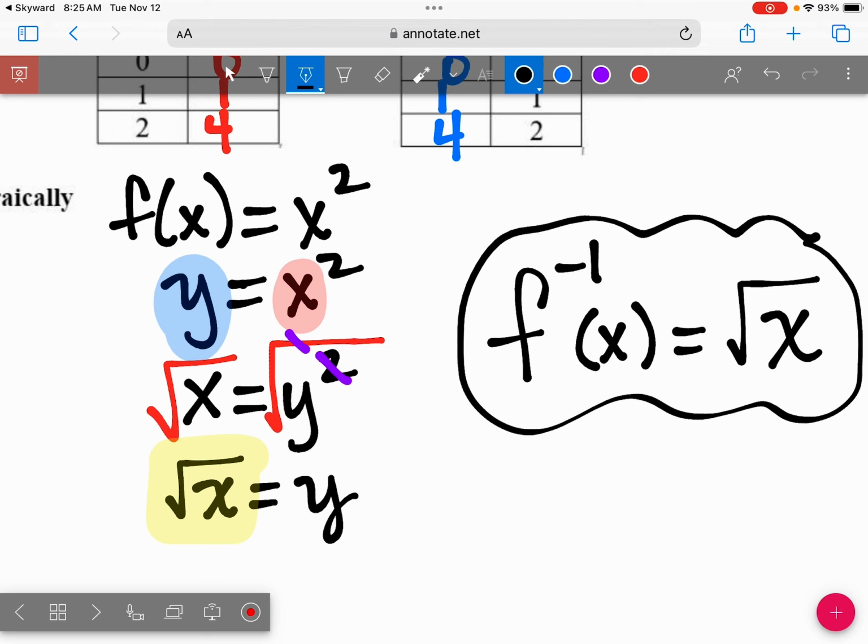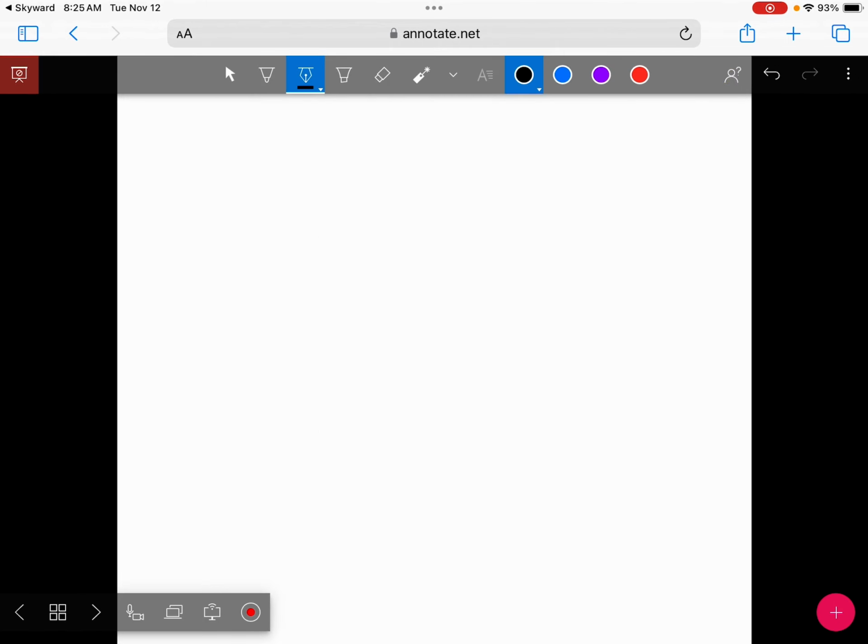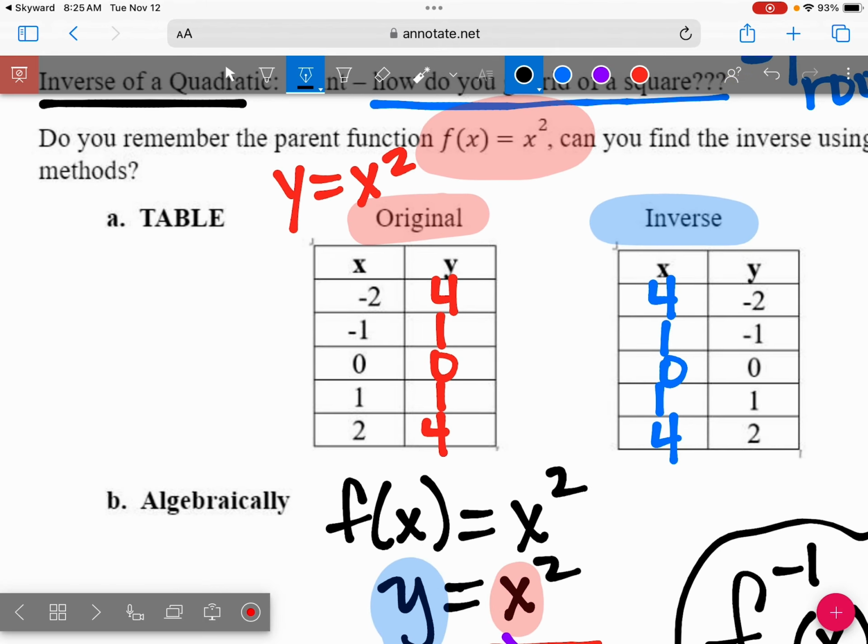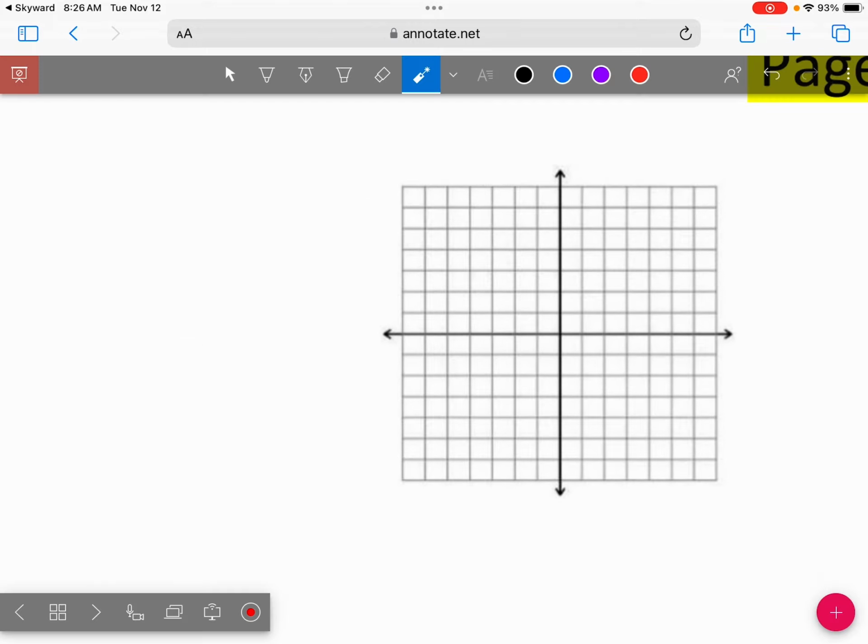All right, and now we're going to graph it. So you still have it. I want you to start off by, and if you don't have 2 separate colors, that's okay. We're going to graph this table, and then I'm going to graph this table. So I'm going to use red and blue. So I'm going to start by graphing this table. It's going to look like a smile. So you can go ahead and graph this table. It should look like a smile.